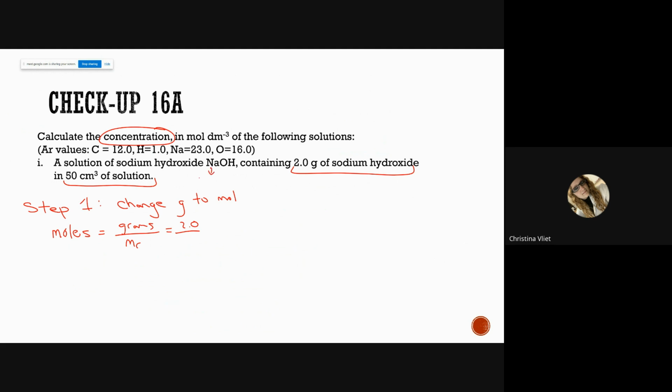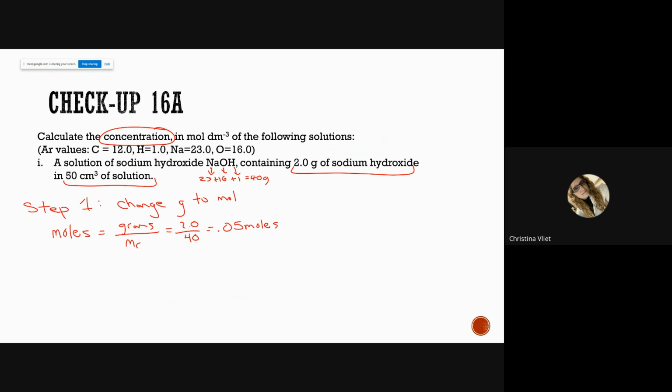You can get that by doing 23 plus 16 plus 1. Molar mass is 40. 2 divided by 40 is 1 over 20, or 0.05. That's our moles.